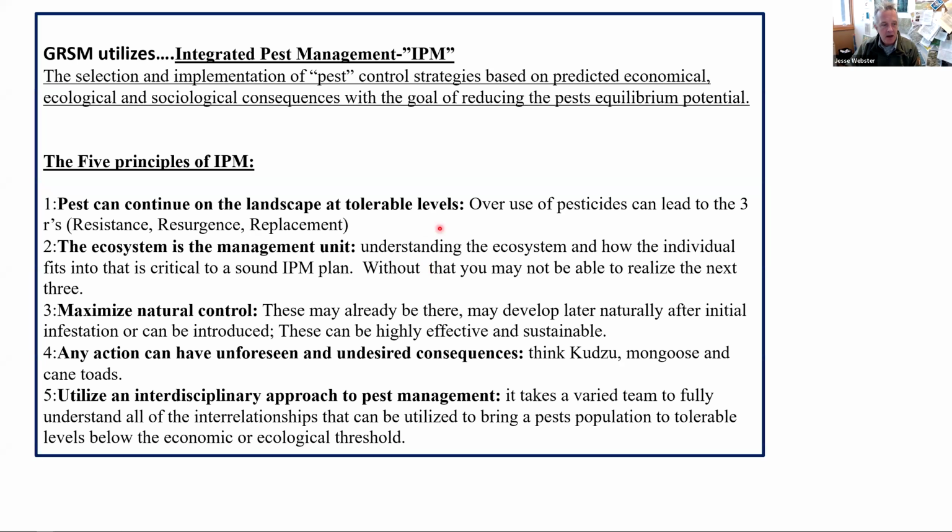Also, this is a good one, a question I always get: any action can have unforeseen and undesired consequences. If we're utilizing some of these stopgap measures with pesticides and or biocontrols, I don't want to be pinned as the next guy who started the next kudzu infestation, or you talk about cane toad.